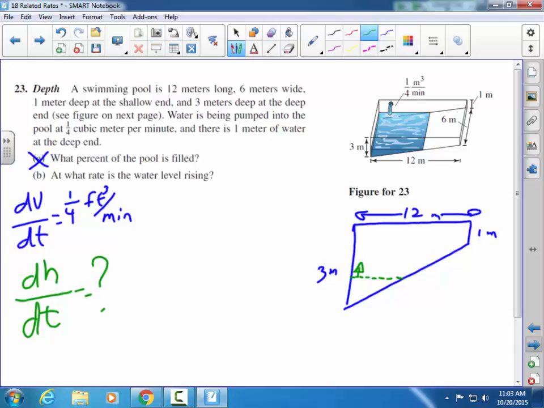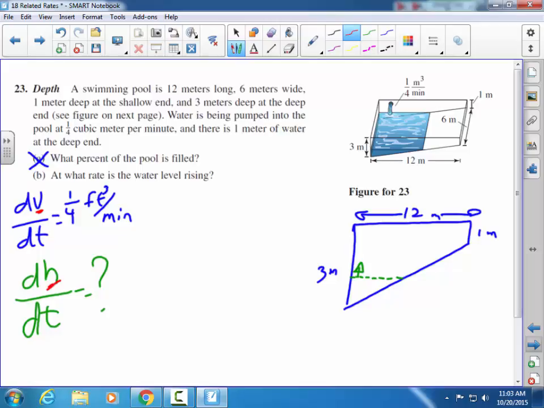So we have a very simple problem. We need to figure out the relationship between V and H. The volume equals 1/3 pi r squared h. I don't see a circle anywhere. Do y'all?